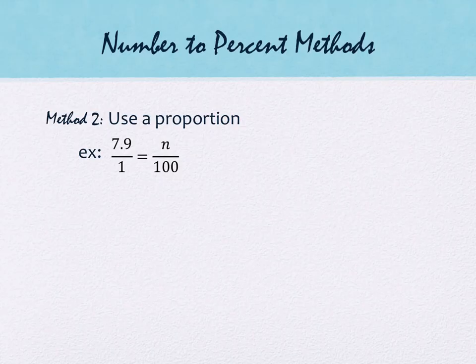I'm looking for that number n. So I'm setting it up as an equation to find the missing piece. And you're going to cross multiply. The 7.9 gets multiplied by the 100 and the 1 times n is n, and I have 790 for 790%.